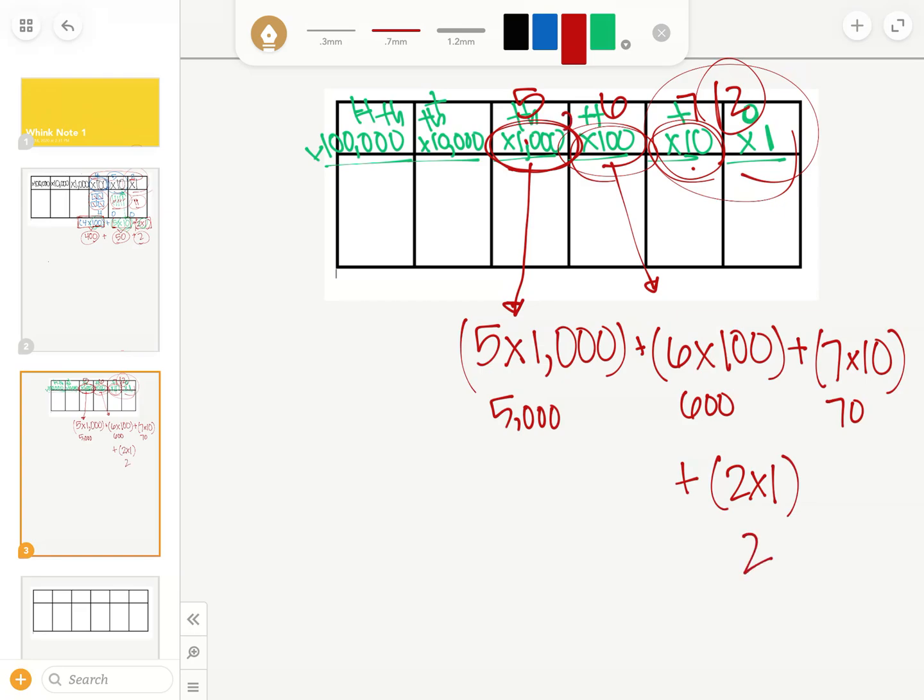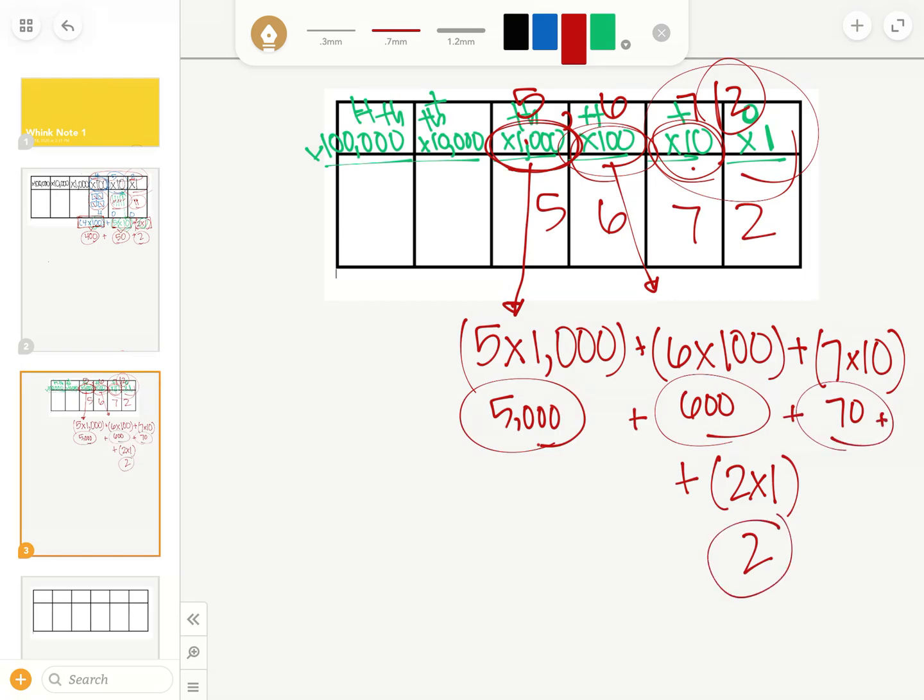Okay, so 5,672 is the same thing as 5,000 plus 600 plus 72, or 5 times 1,000, 6 times 100, 7 times 10, and 2 times 1.